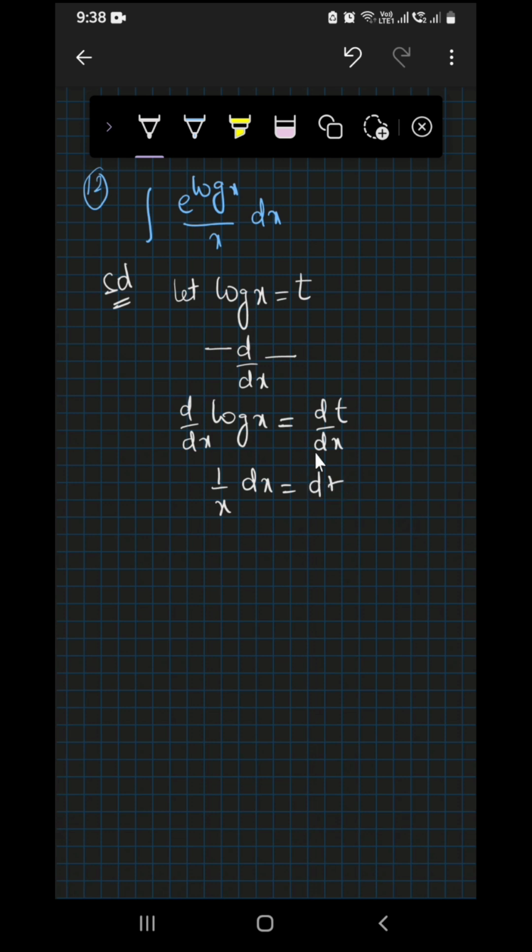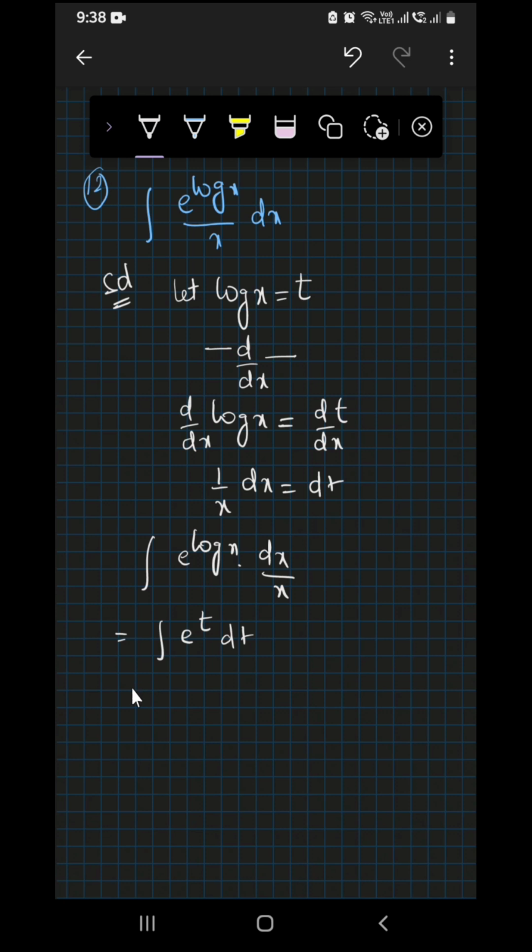So now substitute dx by x is equal to dt in the problem, and log x also. We get integration of e power log x into dx by x. So e power log x is t and dx by x is equal to dt.